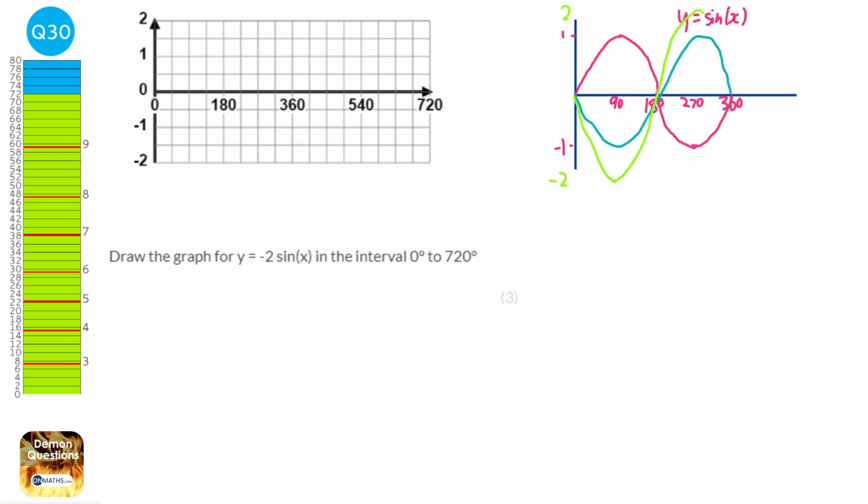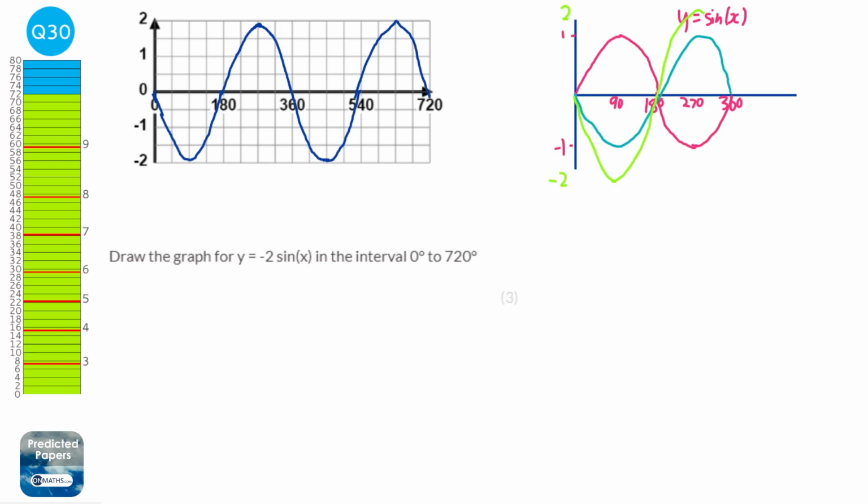So we've got a nice idea of how this will look, and so we're going to just start plotting this now, I think. So it will go down at 90 to -2, back up to 0 at 180, and then back up to 2 at 270, down to 360, and then it will just go again, 540, up there, and then back down.